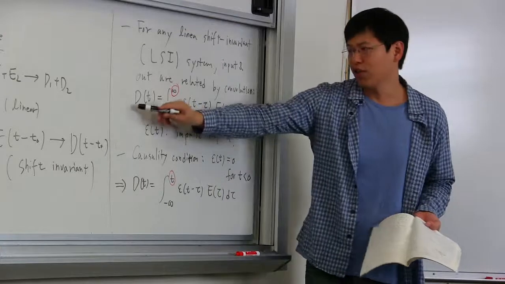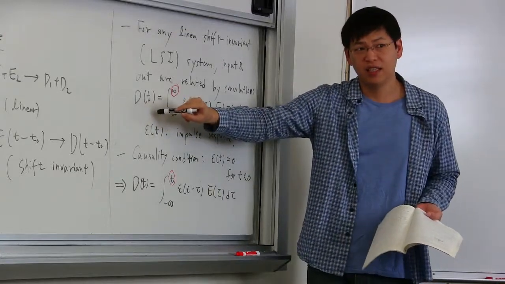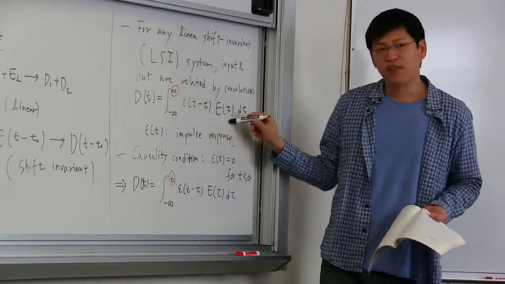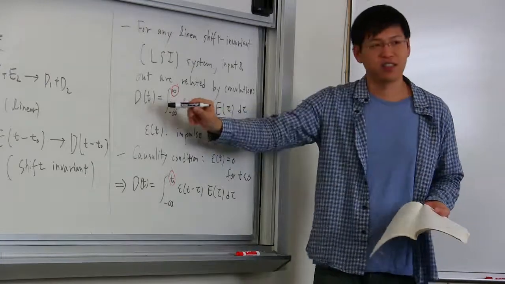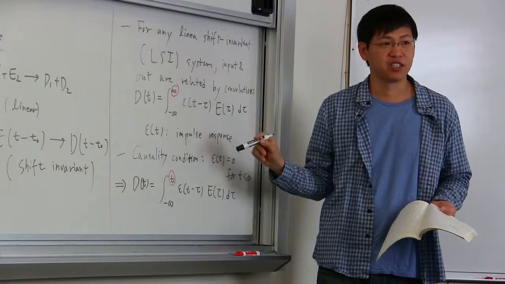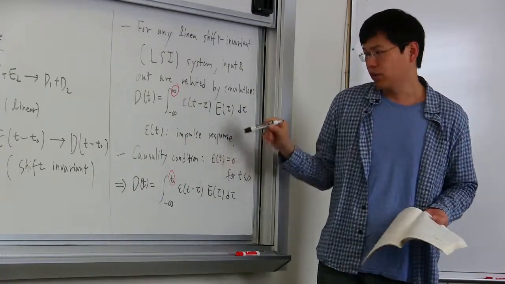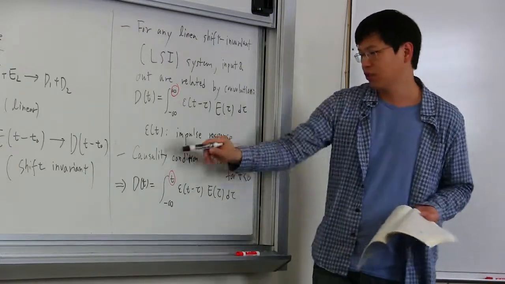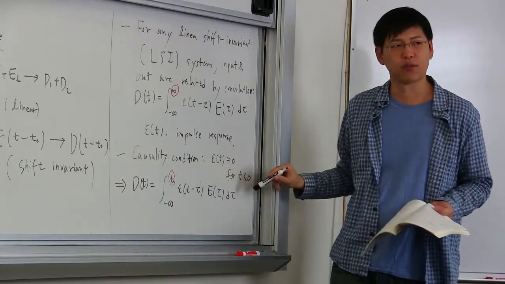So we are evaluating D at t, but the E field in the future affects the D field now, and that violates the causality condition. So to keep it causal, you have to satisfy this causality condition for the impulse response.